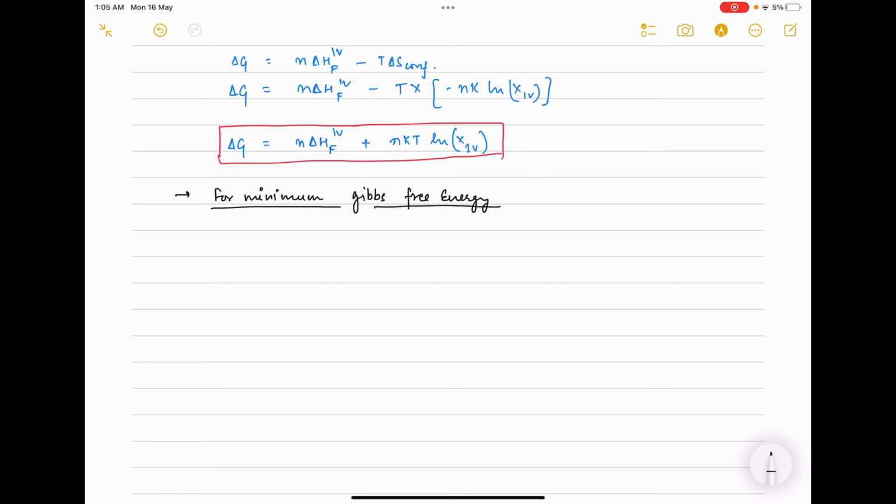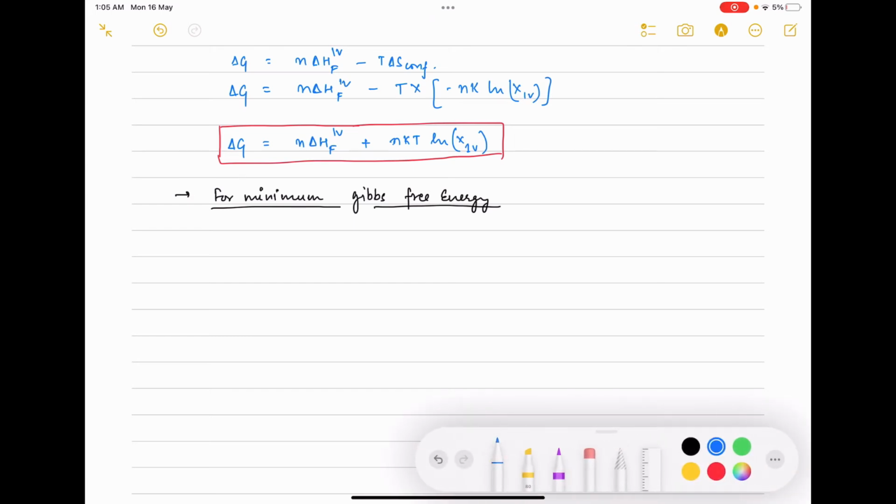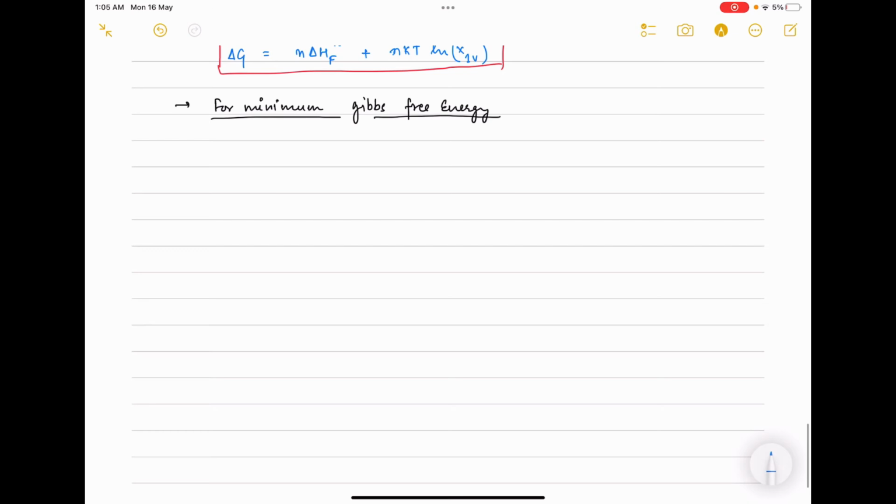For minimum Gibbs free energy, we have to differentiate it with respect to the number of vacancies. So it will be del of delta G by del n, and that should be equal to 0 for minimum.